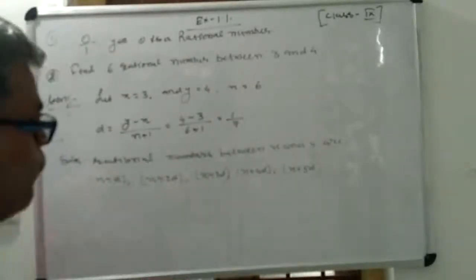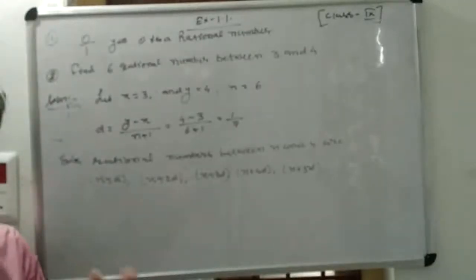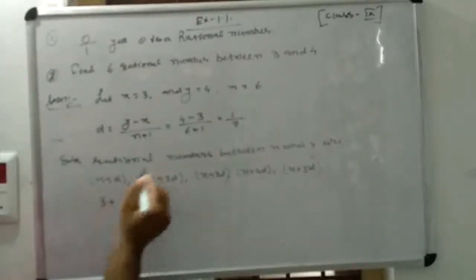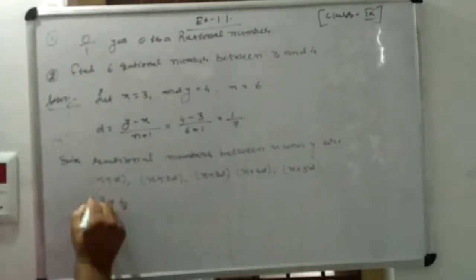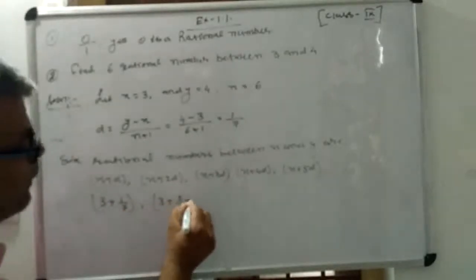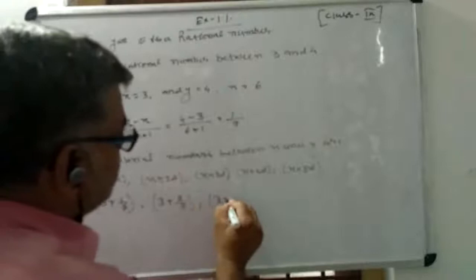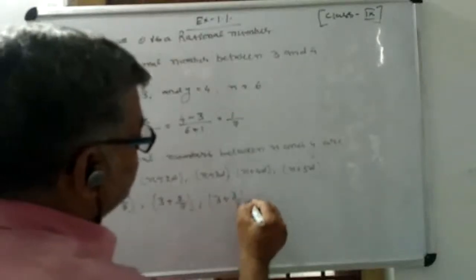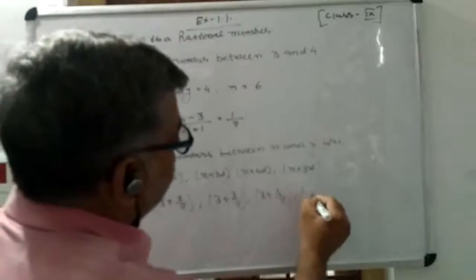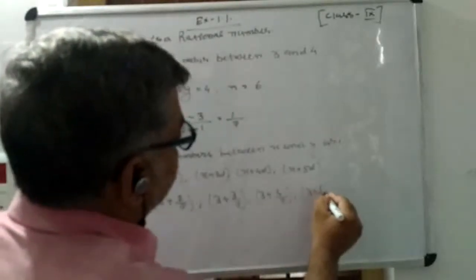Now putting the values of x and d, we can find the rational numbers. Here x is 3 and d was 1 by 7. So 3 plus 1 by 7, 3 plus 2 by 7, 3 plus 3 by 7, 3 plus 4 by 7, and 3 plus 5 by 7.